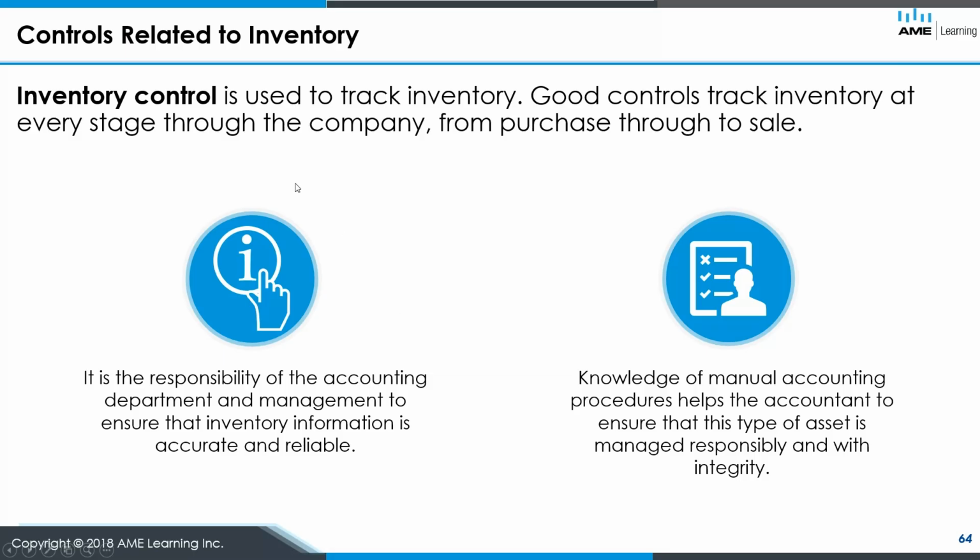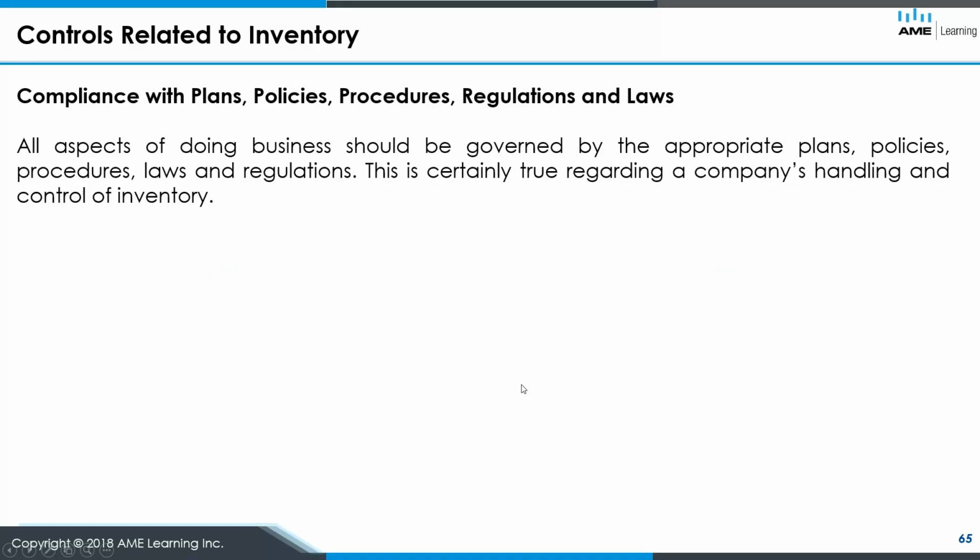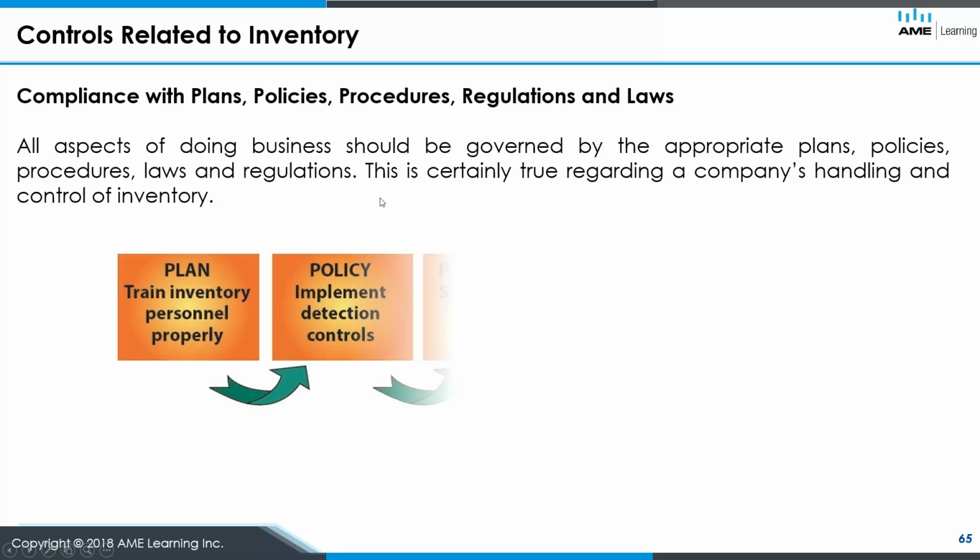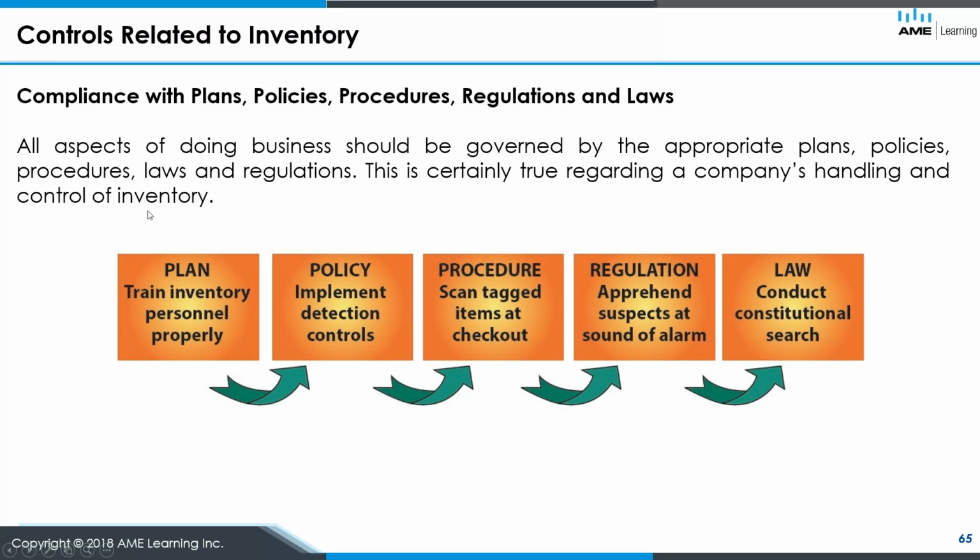But the accounting department is there because we are the ones with the costs and the units and analyzing the accounting records, etc. And so it's really a dual effort. And we should have plans, policies, procedures, adherence to laws and regulations, all those types of things in place.